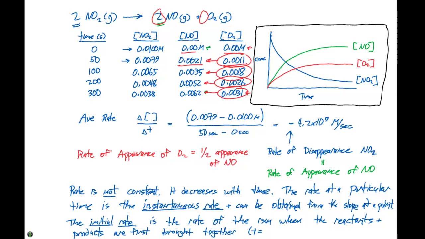This is at time t equals 0, and we can find the slope of that tangent line at t equals 0.